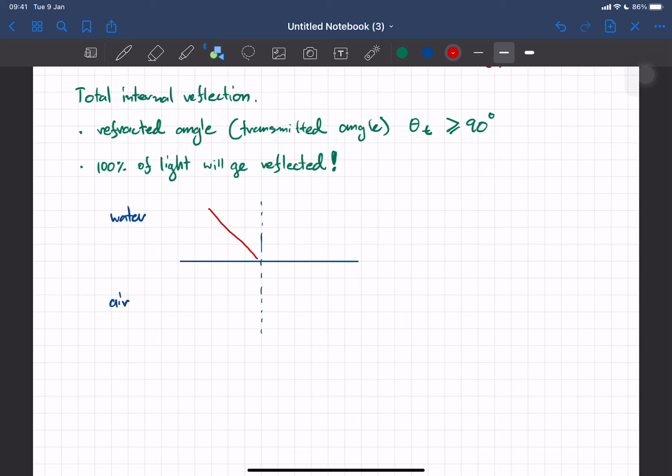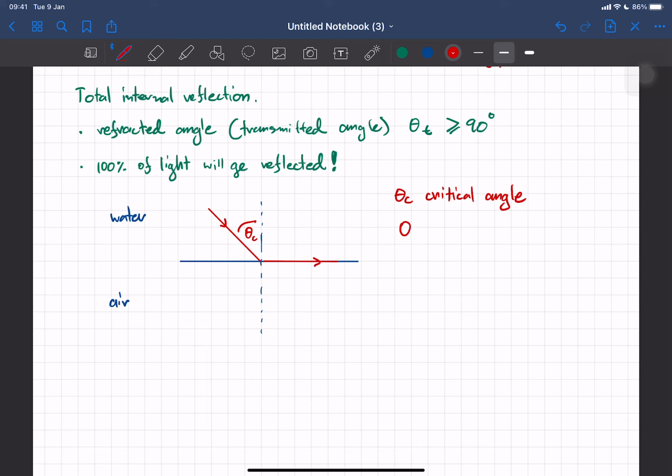So we want to go in here, and then we want the refracted angle to go like that. Okay, even though it doesn't really do this, we need to calculate when this happens. And so when this starts to happen, we call the incident angle the critical angle. So theta c is what we call the critical angle.